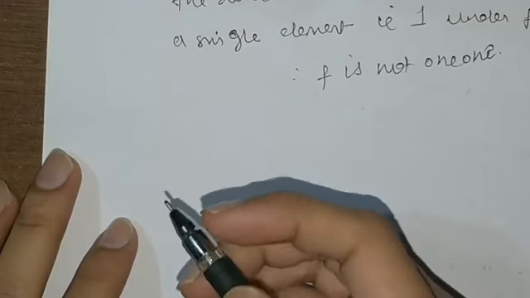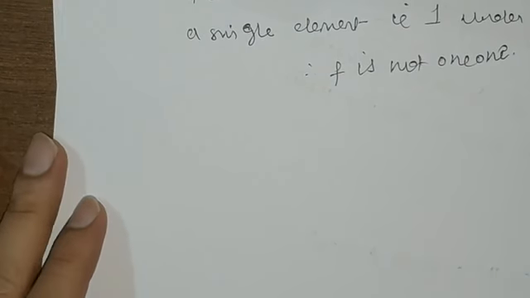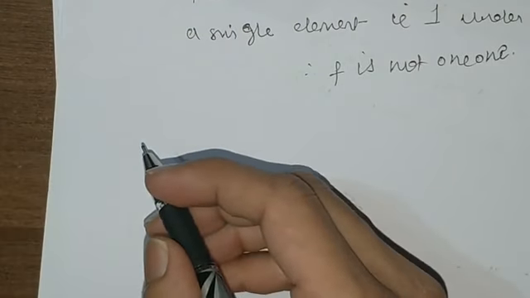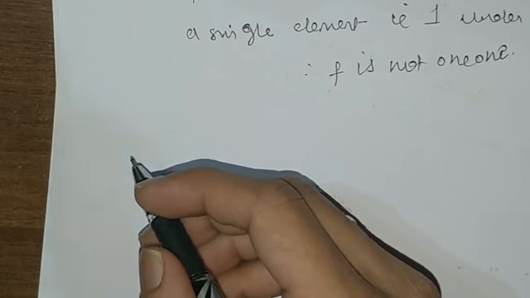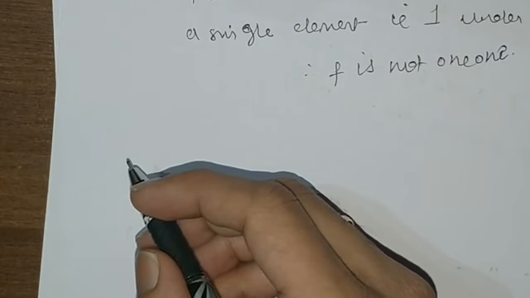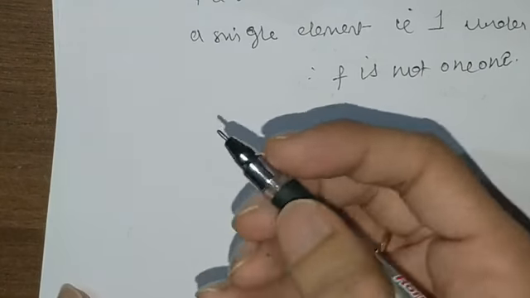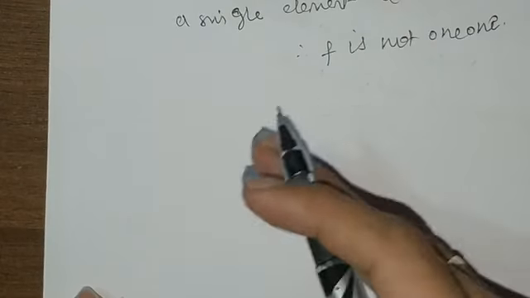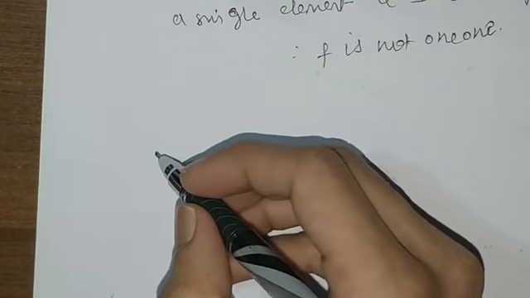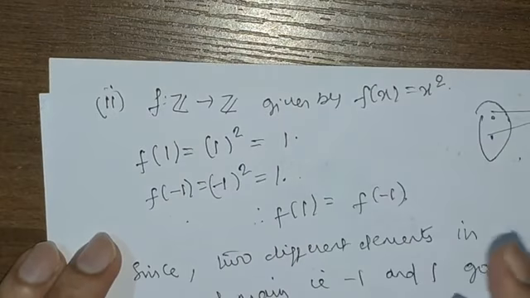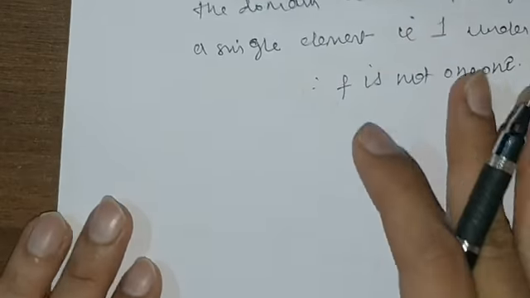Now we have to go to onto. So for onto, you have to take one element in the codomain and check whether it has an element in the domain which is mapped to it. So again you have to see in your mind whether the function is onto or not. This function looks like it is not onto. Let us see why.